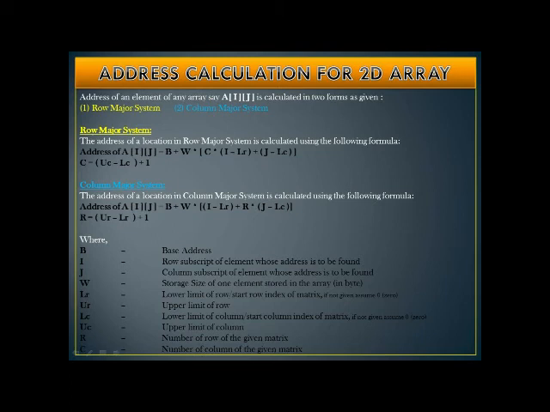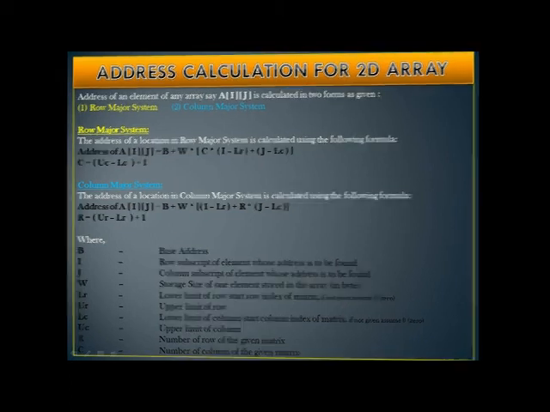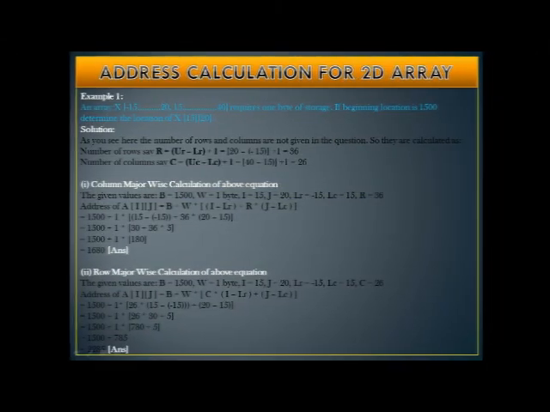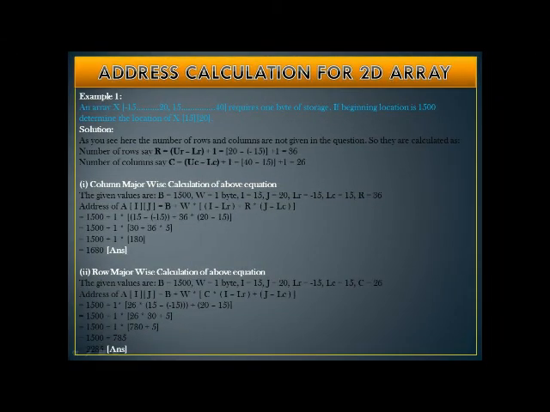So now we are going to deal with the next example. The example given over here is an array X of minus 15 till 20 comma 15 till 40, which means the row numbers start from minus 15 till 20 and the column numbers start from 15 till 40.